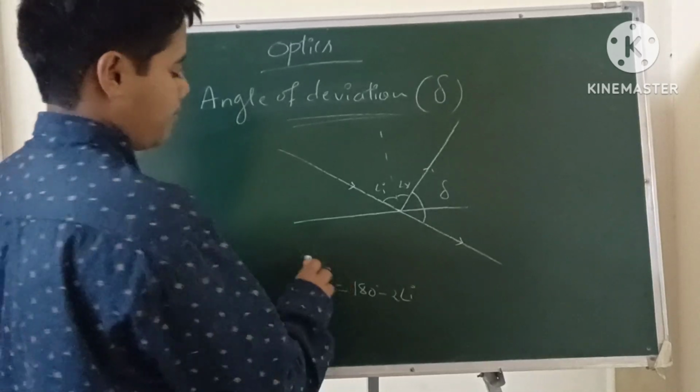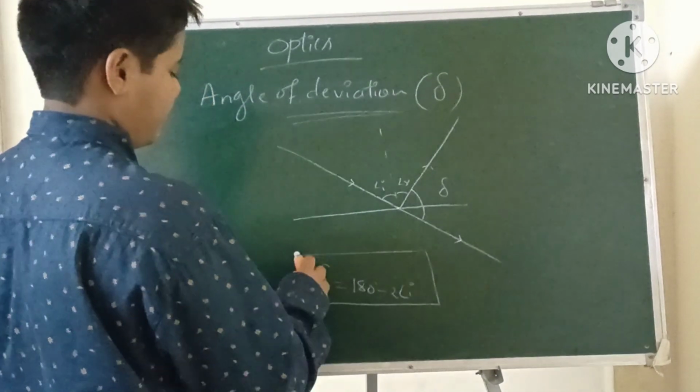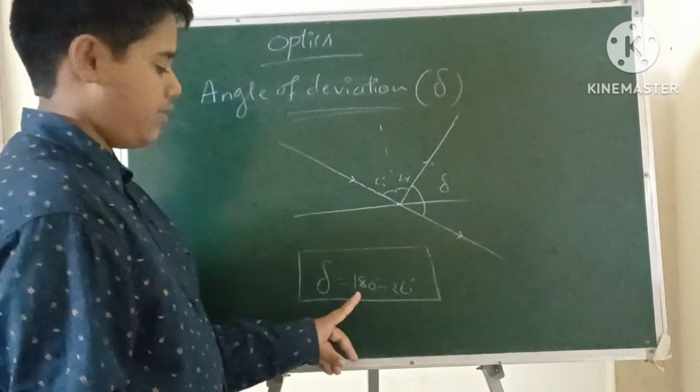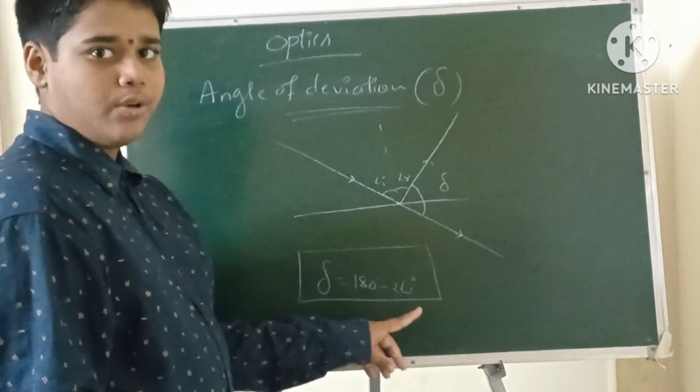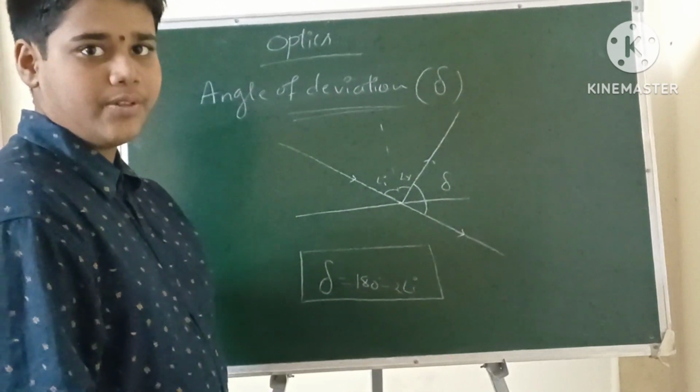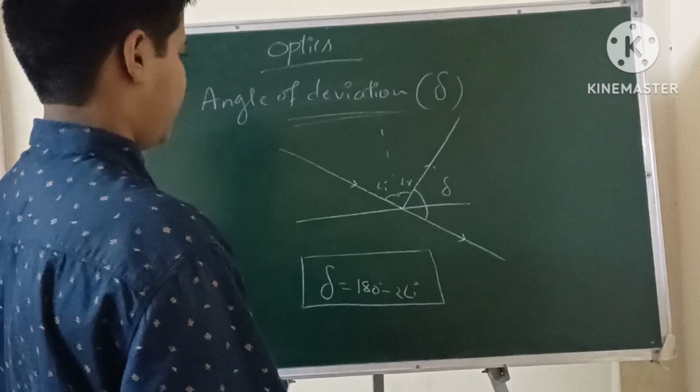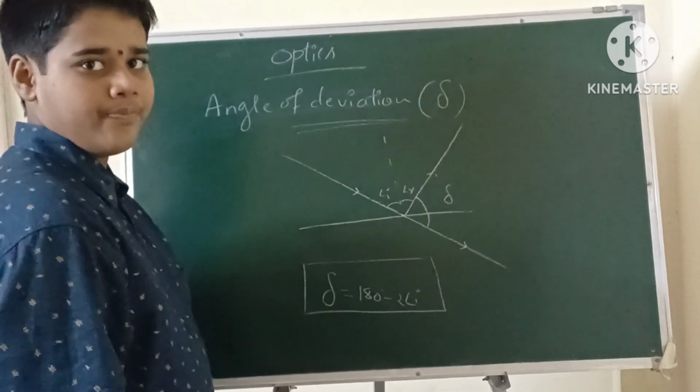Okay, the formula of angle of deviation is equal to 180 minus 2 angle of incidence. Okay, so this is for one plane mirror.